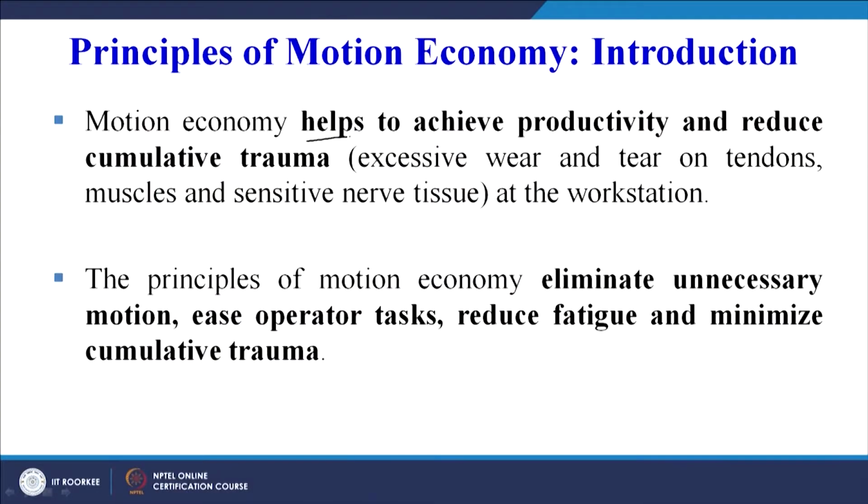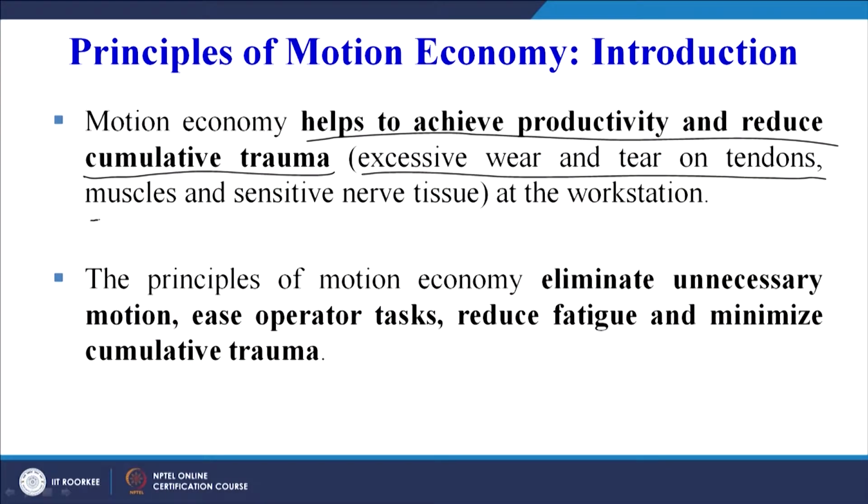Now motion economy helps to achieve productivity and reduce cumulative trauma. We will see cumulative trauma in slightly more detail in the subsequent session. So what is cumulative trauma? It is excessive wear and tear on tendons, muscles and sensitive nerve tissue.